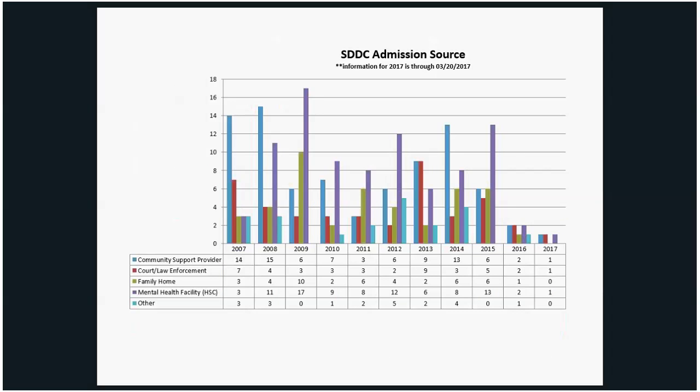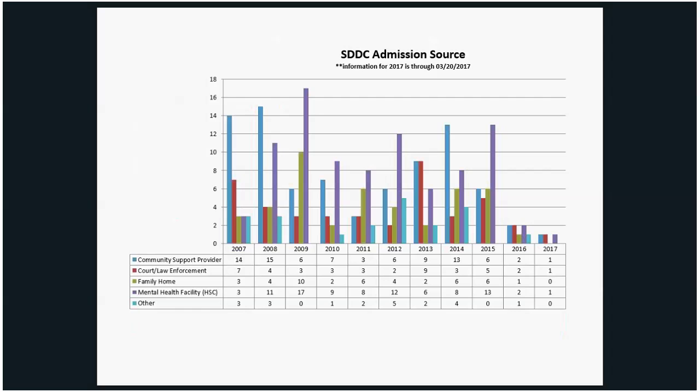SDDC admission source. From 2007 through March 2017, the majority of admissions, 90, came from a mental health facility like HSC. 82 were admitted from community support providers. 44 were admitted from the family home. 42 were court-ordered or law enforcement, and 21 were from other sources, for a total of 279 admissions.